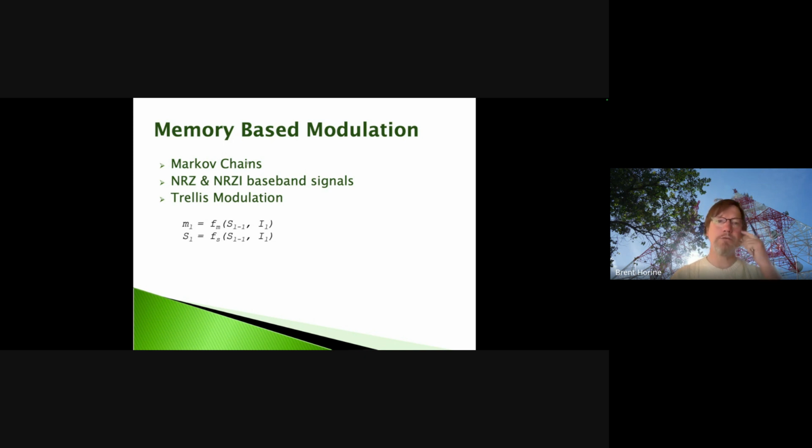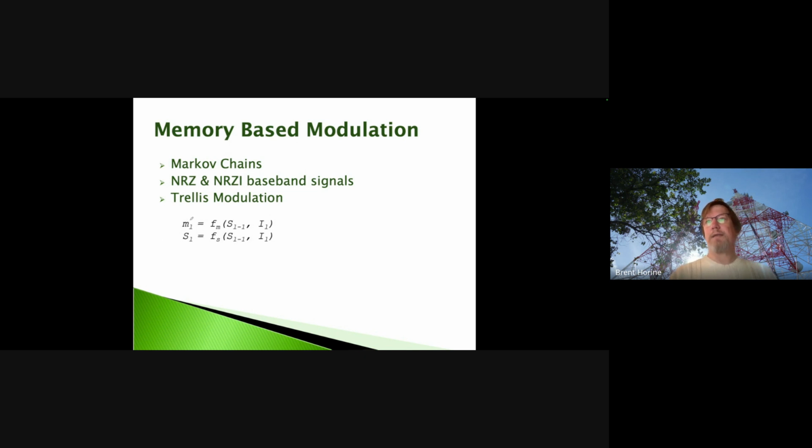Markov chains we use in this modulation. So I'll talk a little bit about non-return to zero and non-return to zero inverted baseband signals, and we'll talk about trellis modulation.